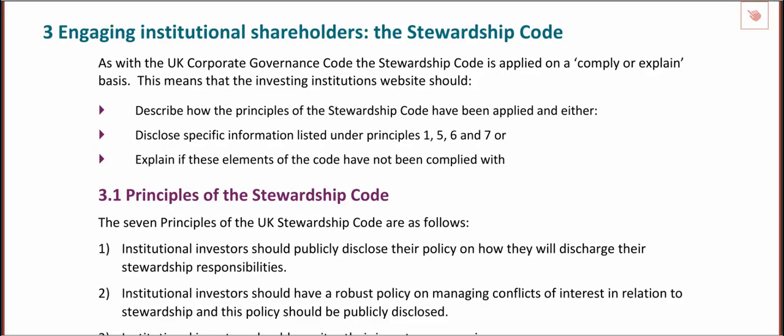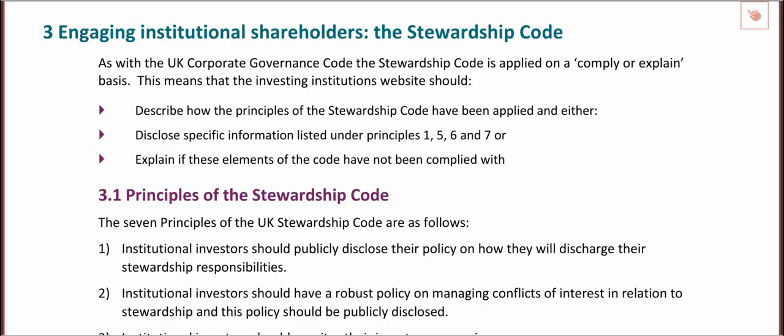Now, bearing in mind the importance of institutional investors in the UK and in lots of economies, and also considering the importance of the relationship between shareholders and potentially those people who are investing their money on their behalf, the Stewardship Code is a set of principles from the FRC, the Financial Reporting Council, and it's all about trying to encourage institutional investors who effectively manage other people's money to really engage in corporate governance and consider the interests of their investors, of the shareholders themselves.